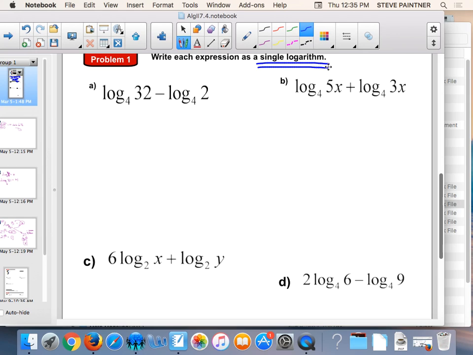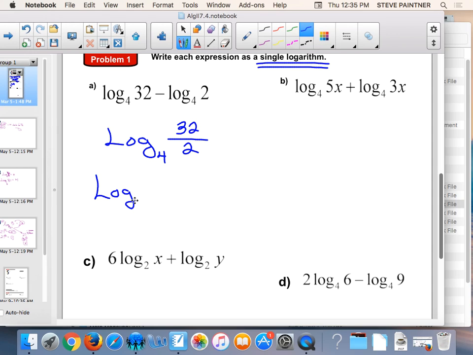So you can just bring it into 1 log, and that's what the single log is of what over what? 32 over 2, yep. And base 4 stays base 4. Log of what?